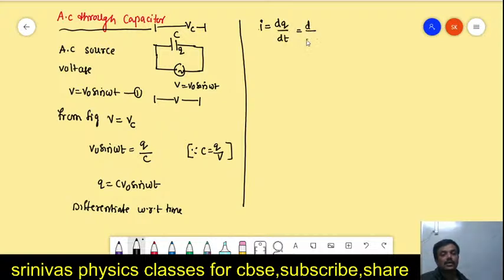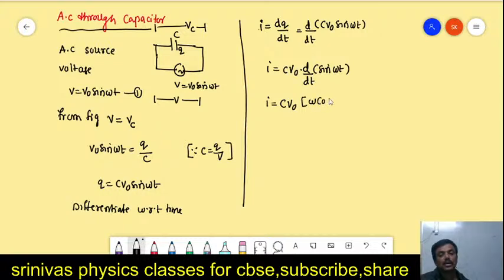And then we write d by dt of q, which here is C V naught sin omega t. Here we write the current is equal to C V naught outside, because they are constants, and d by dt of sin omega t. Sin omega t differentiation formula is omega cos omega t. Sin omega t differentiation is cos omega t, and omega t differentiation is omega.